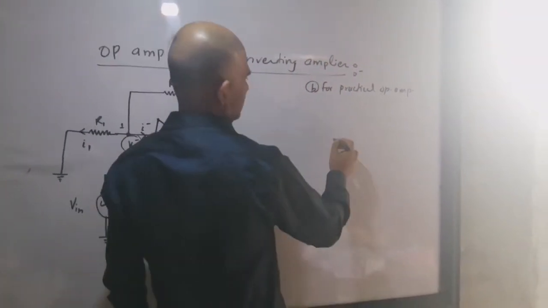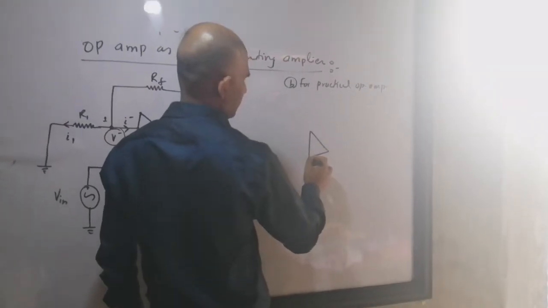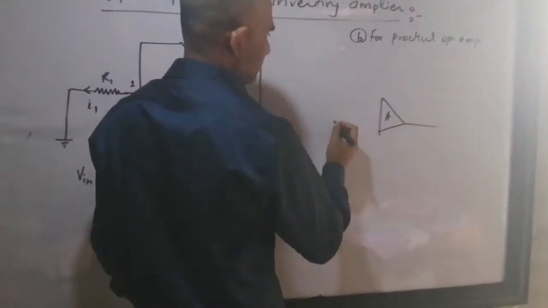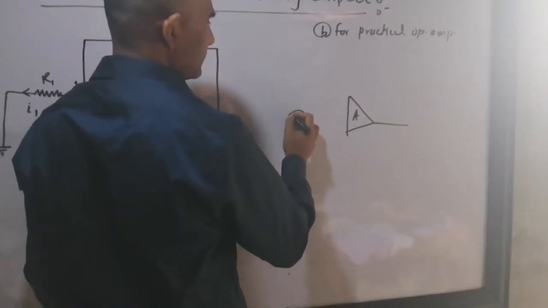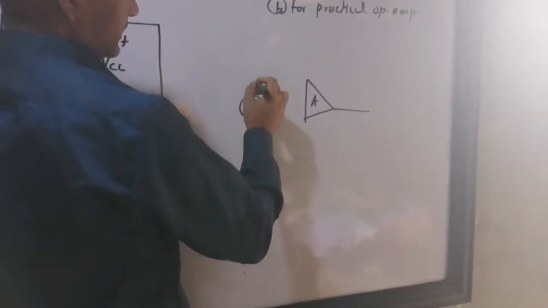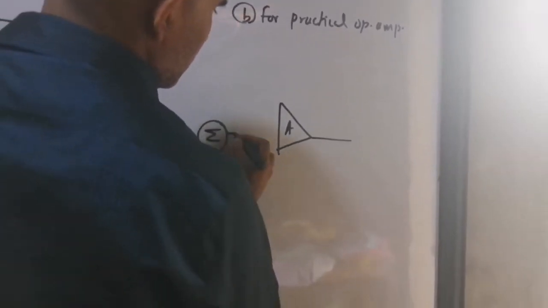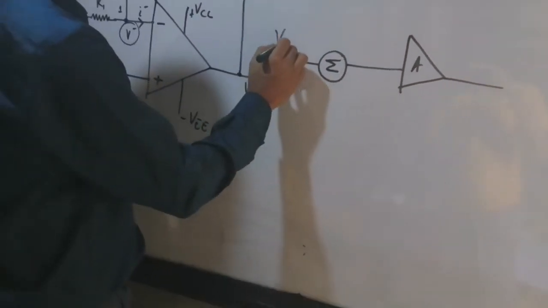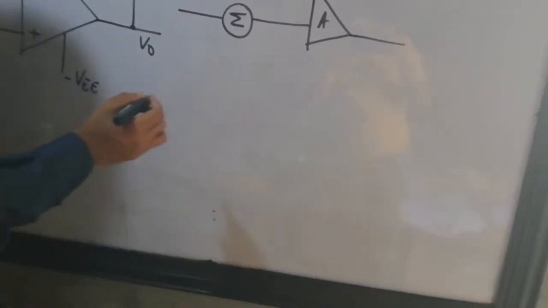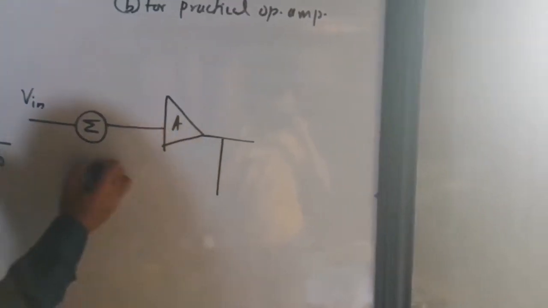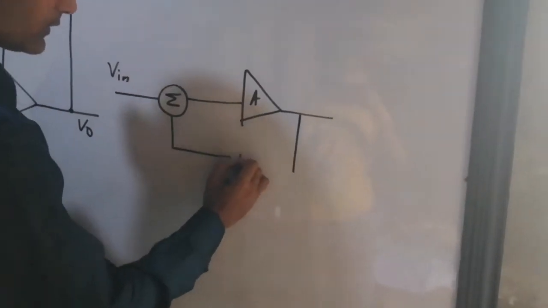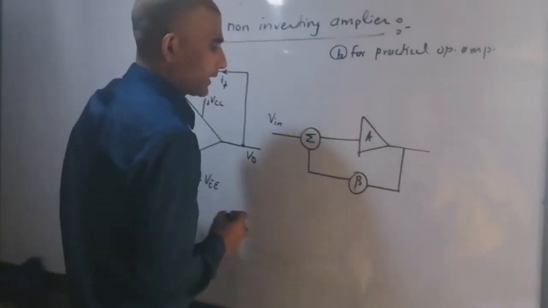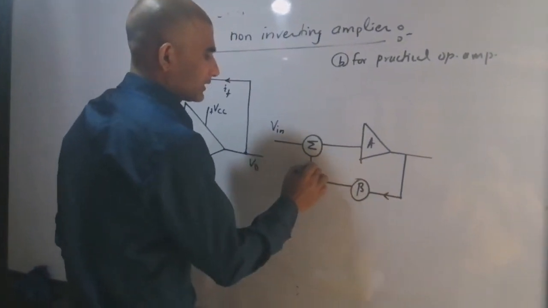And so see, this is our model for the amplifier which has gain A, and here I make the summing junction where inputs from different sources are added. Suppose this is our input Vin I am supplying, and some part of the output is returned back through this path.